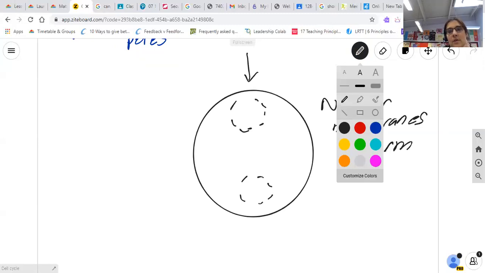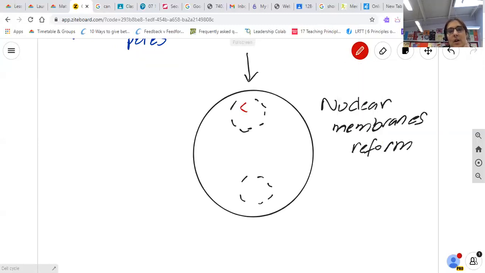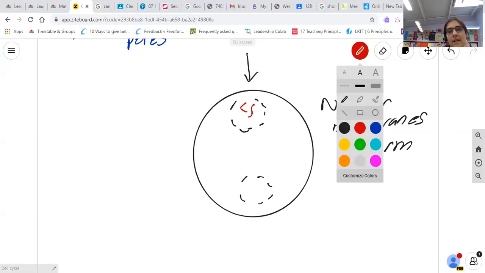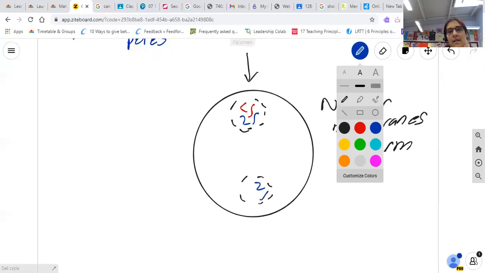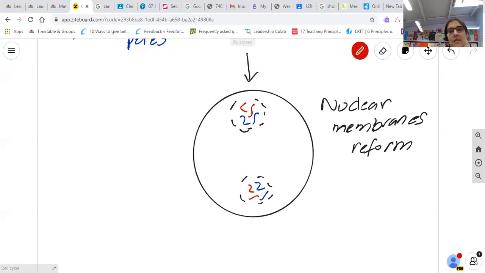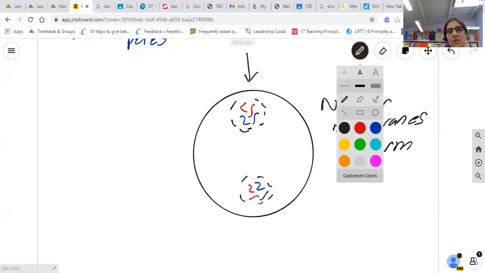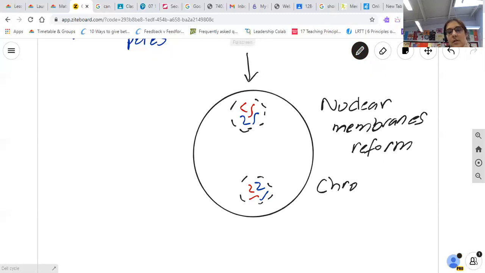And your chromosomes basically start to decondense again. They're back in their individual, there and there. So the chromosomes unravel again. They decondense.